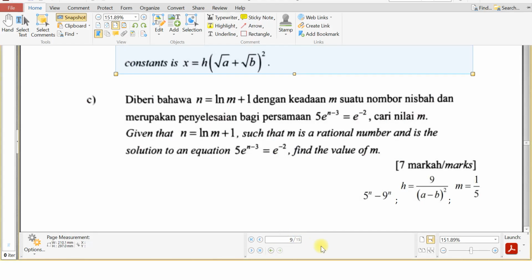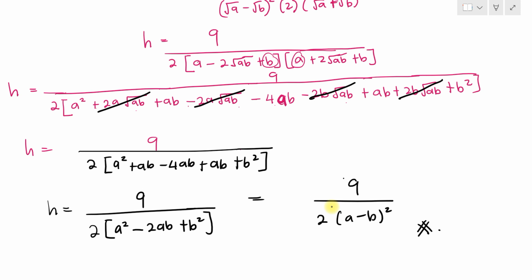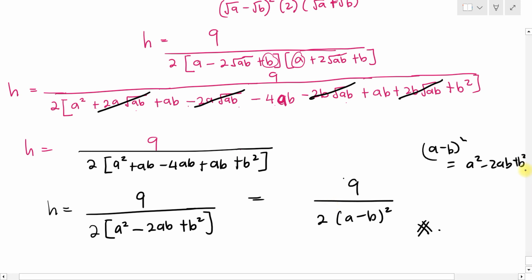We get ready the answer. Okay, a minus b square. Sorry, not this form. A minus b square, correct. Because a minus b square is equal to a square minus 2ab plus b square. This is all algebra, you should know.